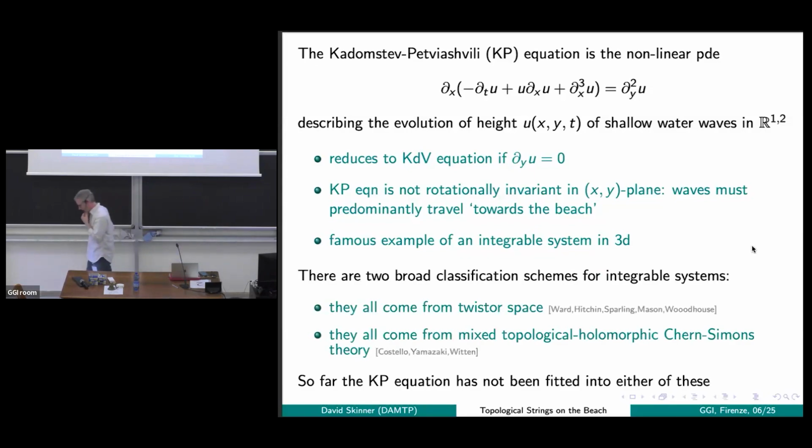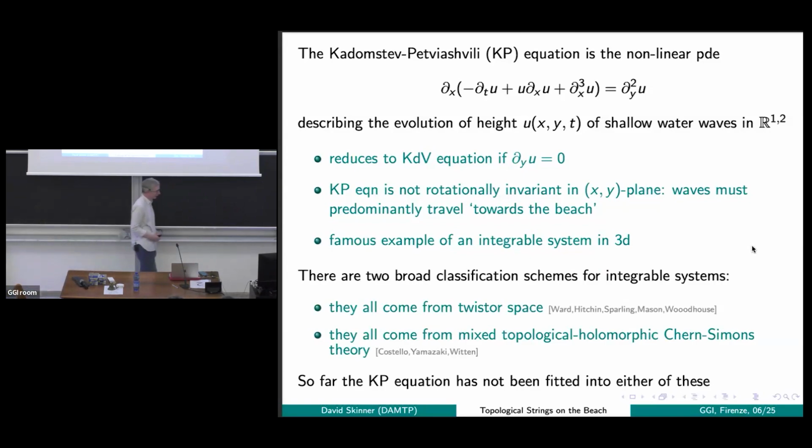Now, as an integrable system, we'd like to fit this into some sort of classification of integrable systems. And there are at least two broad classification schemes, two that I want to talk about today anyway. One is that all integrable systems somehow have got some sort of twisted description. It won't surprise you that that's the classification scheme that I like.